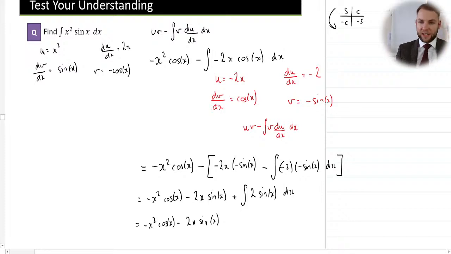The integral of sine x is minus cos, so minus 2 cos of x plus c.